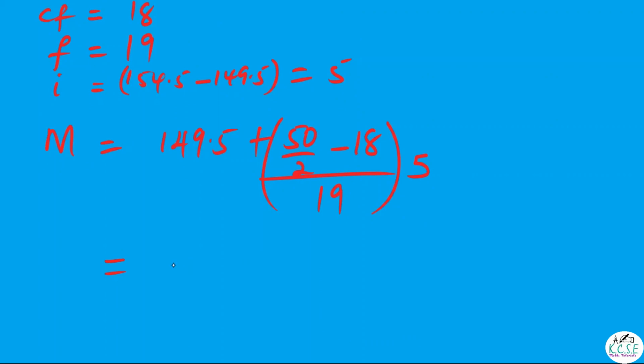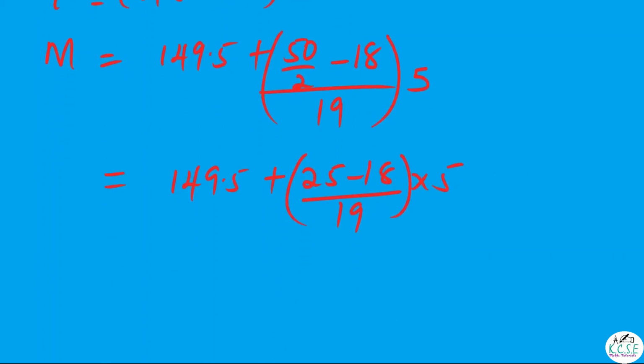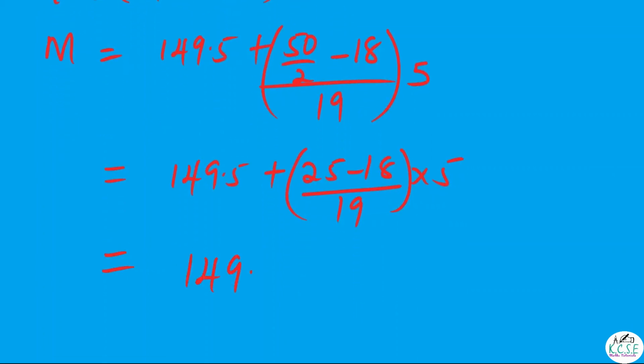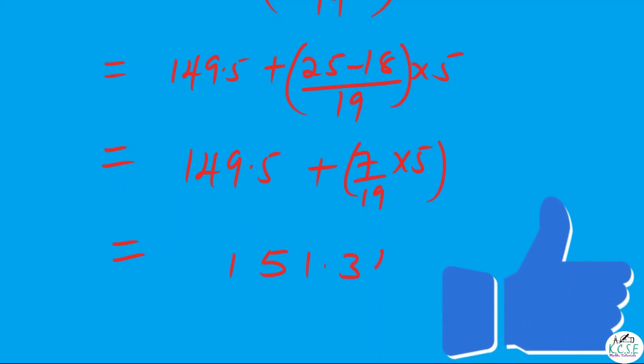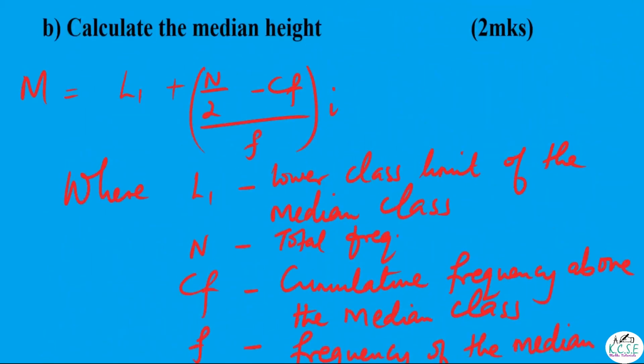So we work this out: 149.5 plus 25 subtract 18, that is 7 over 19 times 5. Working this out using the calculator, you obtain 151.34 as the median. That is how we're supposed to work out that question.